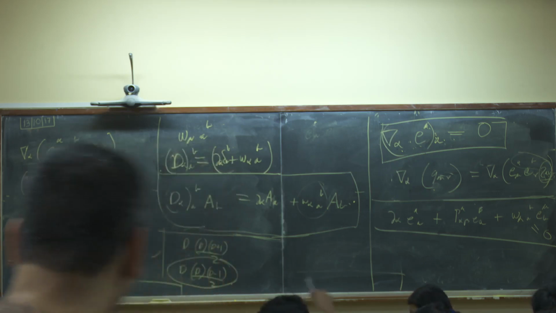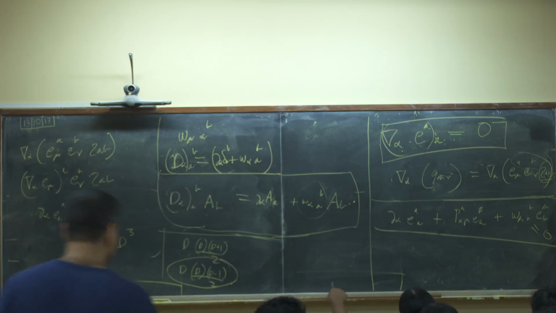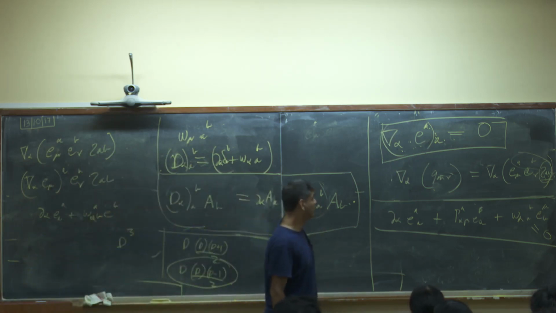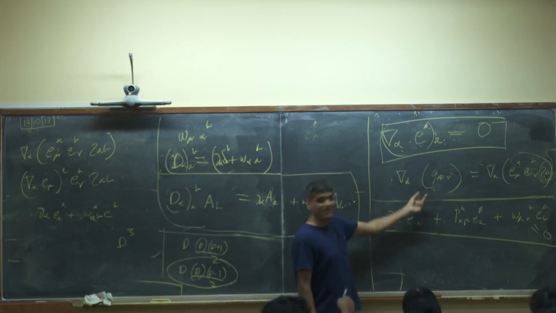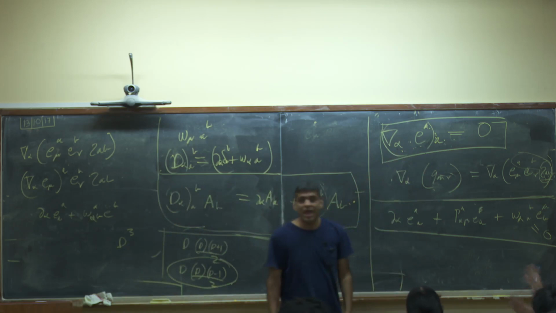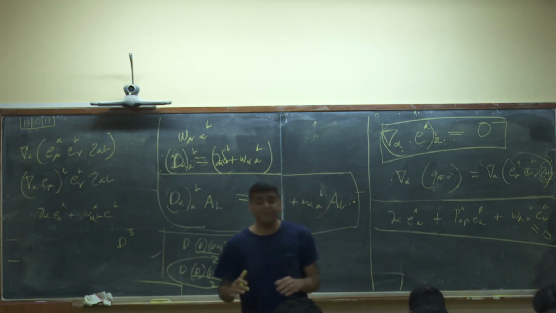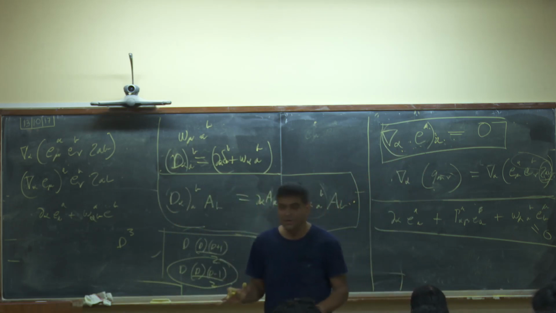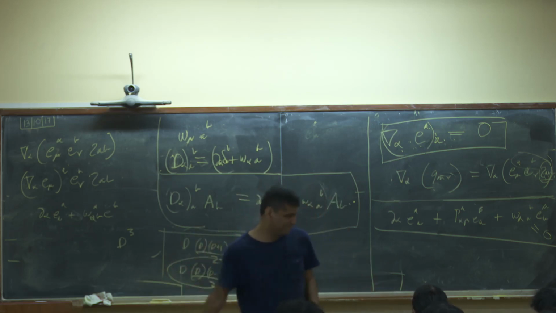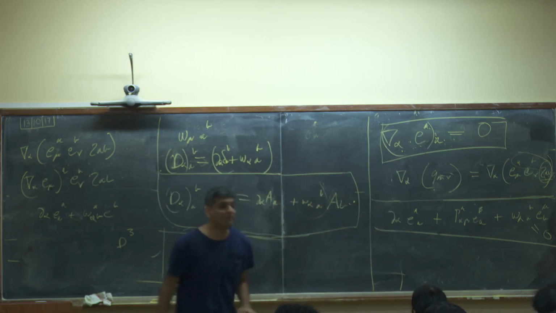Exactly. Some mathematicians will sometimes look at structures in which the spin connection is not metric compatible. This is called metric compatibility.